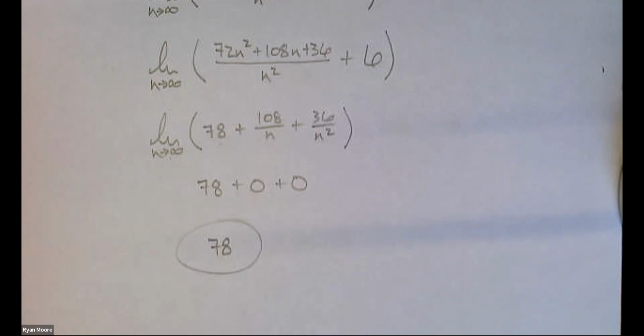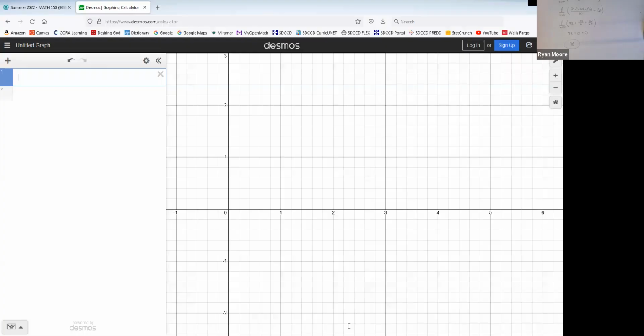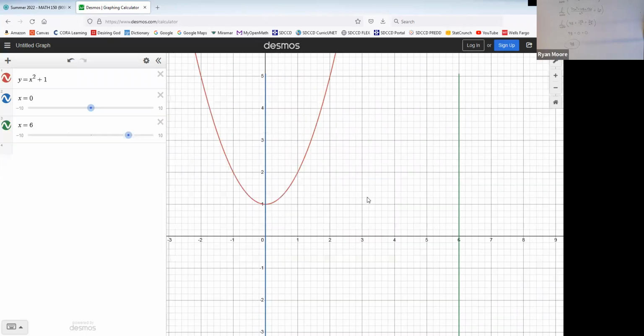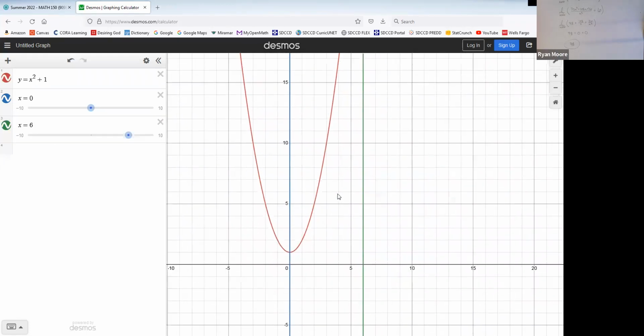What would that look like? See if we can graph it. y equals x squared plus 1 from x equals 0 to x equals 6. There it is, that big curved region.